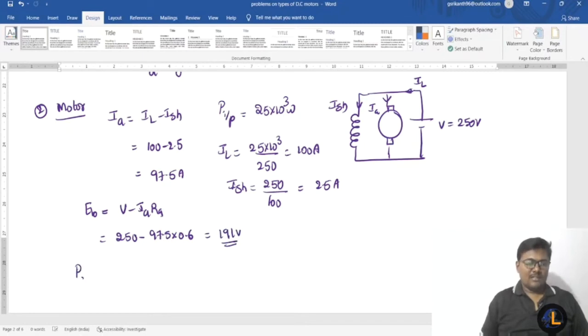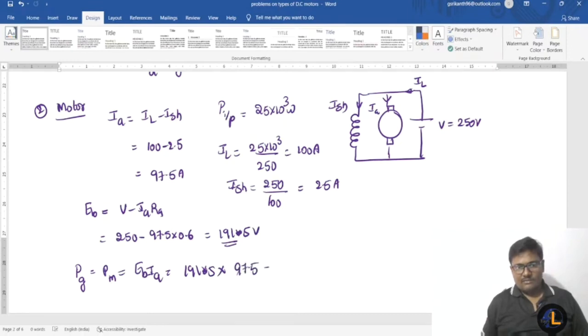The power developed in an armature is equal to the gross mechanical power, which is equal to EB into IA, 191.5 volts into IA, 97.5, and I got the answer as 18.67 kilowatts.